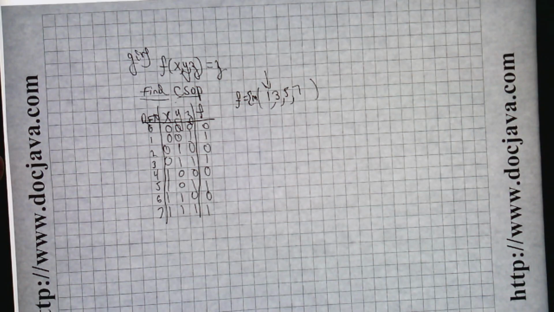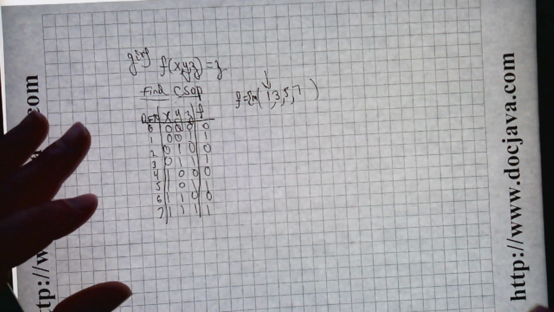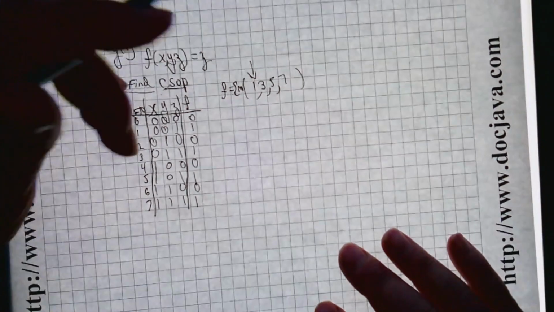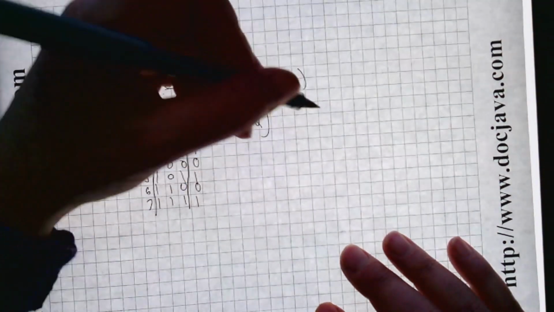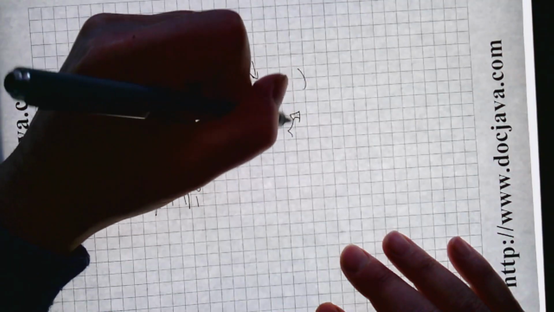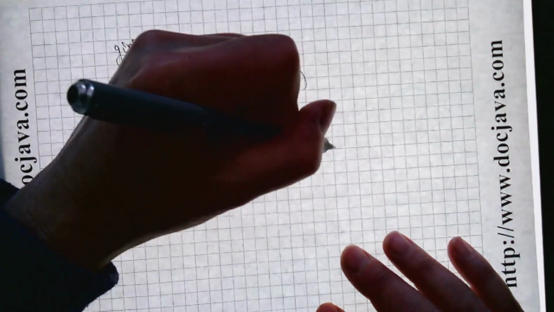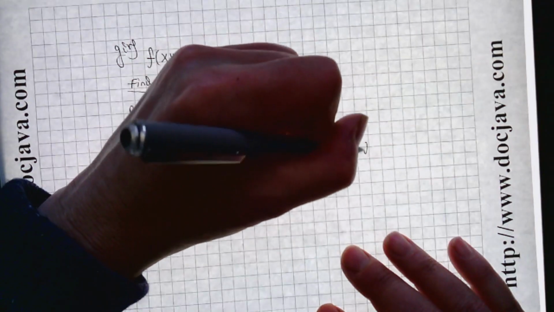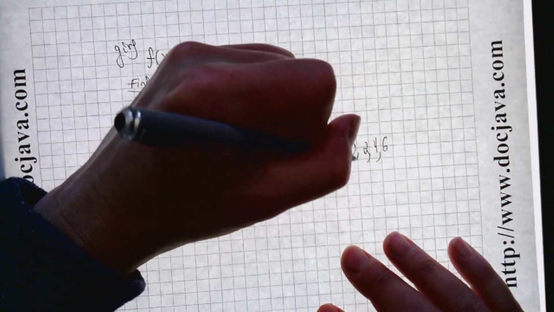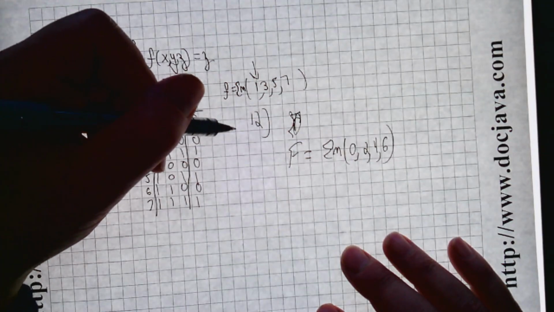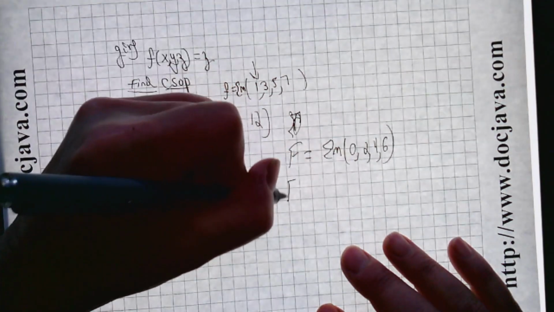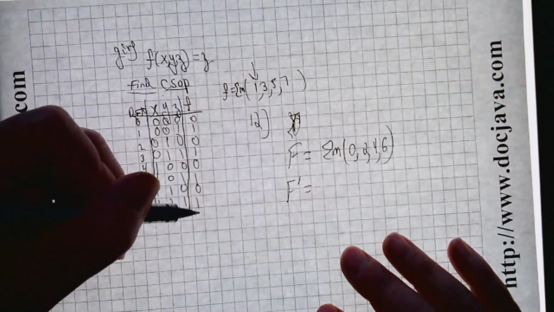Let's try... Oh, here's a good one. Let's try question 12. I'm picking these at random. F equals sigma m of 0, 2, 4, 6. What does f prime equal?